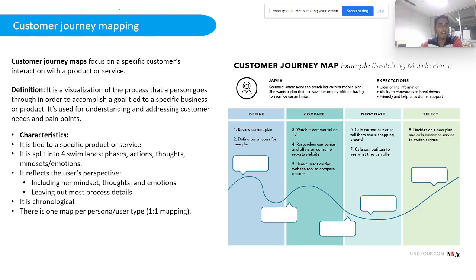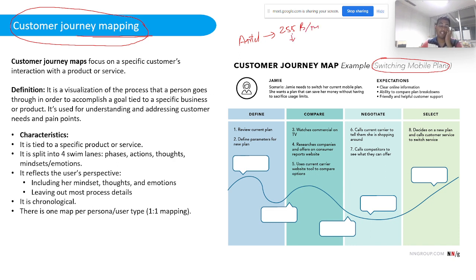Okay, another type of mapping is customer journey mapping. Customer journey mapping is again a useful way of mapping processes when you ask a particular user to do a particular activity. For example, the activity is switching mobile plans. Say you have an Airtel mobile plan and you always recharge with something like 255 rupees per month.